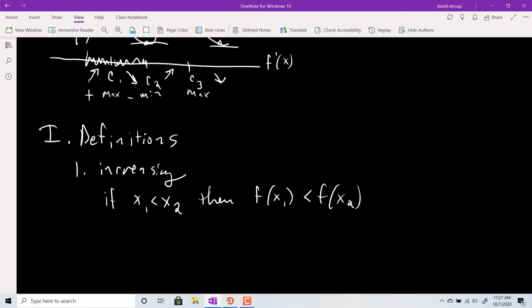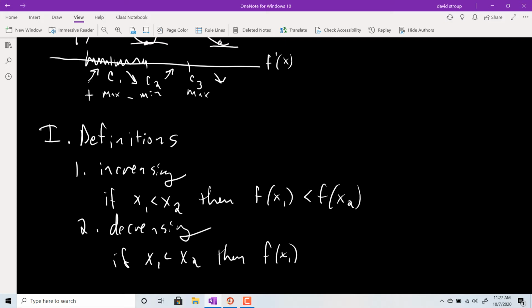So it's going up. Secondly, decreasing. In this case, if x1 is less than x2, then f of x1 will be above f of x2, like that. Okay, that's really it.